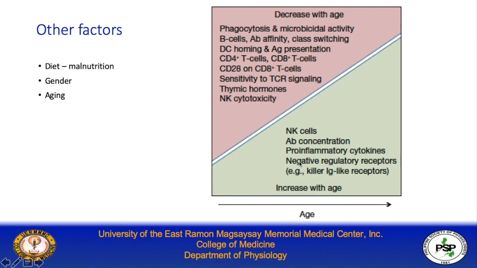So generally, as a person ages, the immune response would decline. But take note, you have the following increase. So more or less, this counteracts the decreasing levels of these factors in this person's immune system.